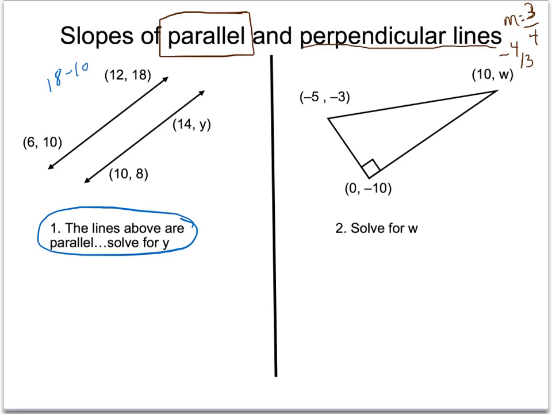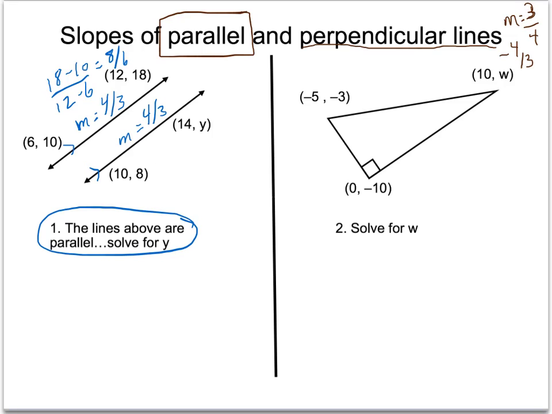We're just going to take 18 minus 10 and divide that by 12 minus 6, which gives us 8 over 6, which reduces to 4/3. Now that's key because we know our bottom line is also going to have a slope of 4/3. Again, the lines are parallel. In order to find y, we are going to use our slope formula again.